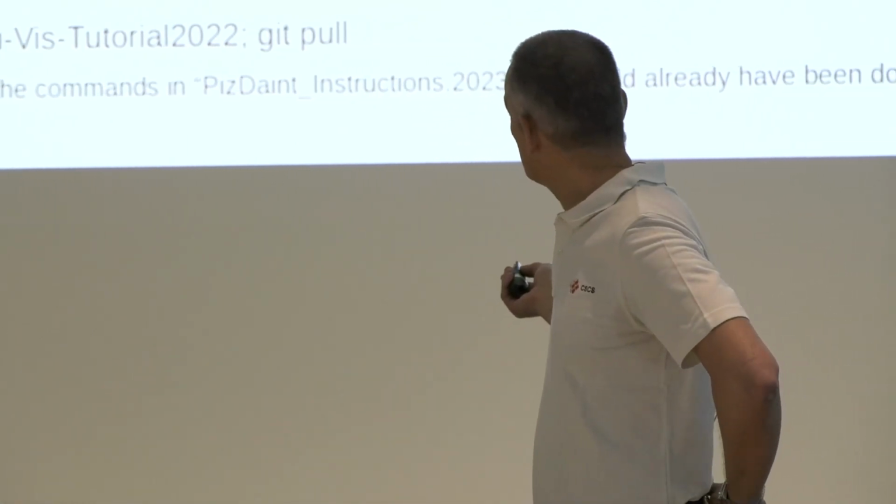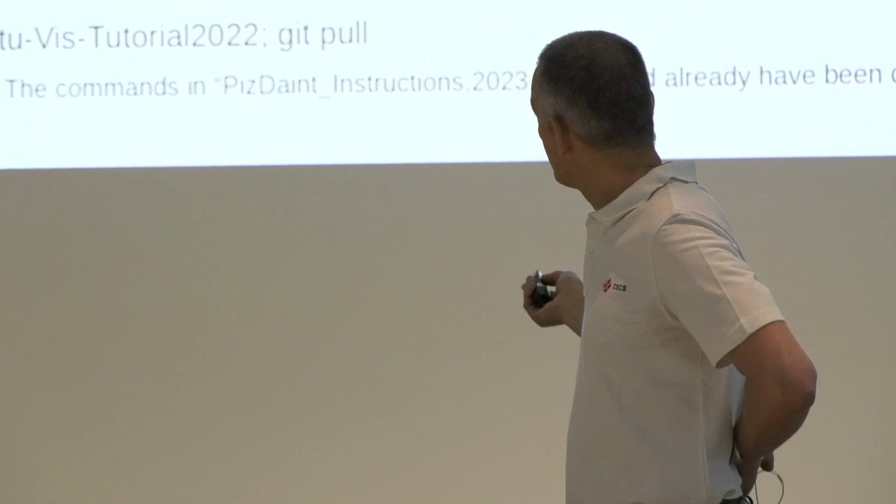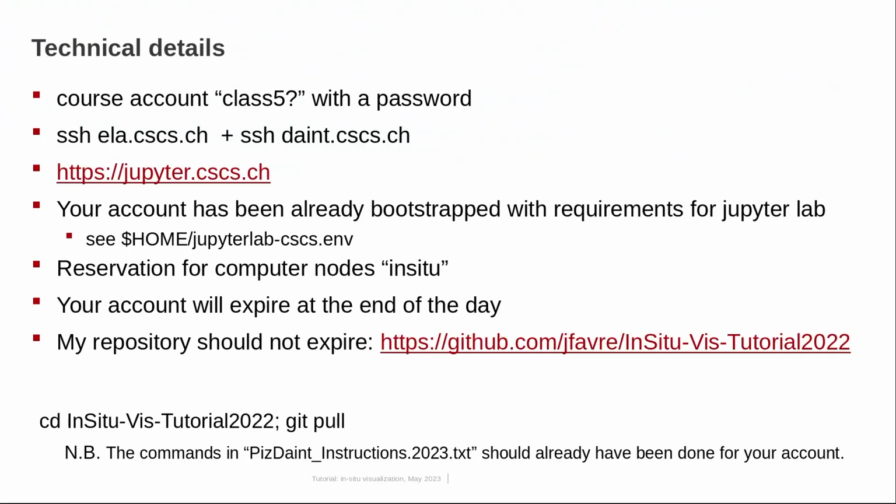Like I said, I bootstrapped all the requirements on your accounts, and specifically that particular file here, home jupyterlab-cscs.env, contains all the modules which we will need to execute the JupyterLab exercises. There is a reservation for compute nodes called In-situ, and this can be turned on if we require it.